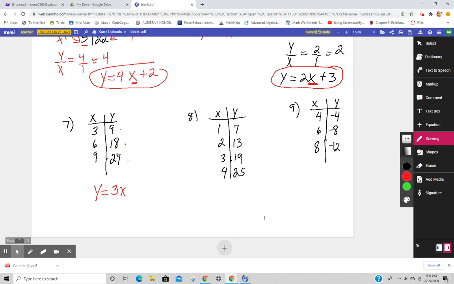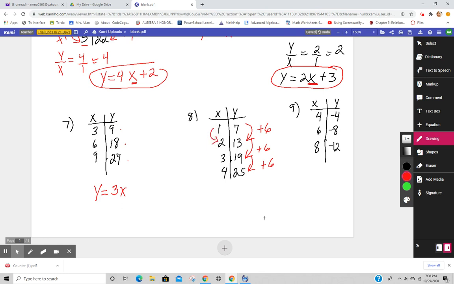All right, let's look at the next one. I can look at this one and tell that it's not proportional because the numbers don't divide out evenly. So we're going to have to look for the constant rate. How is this number changing from 7 to 13? Plus 6, again plus 6, plus 6.